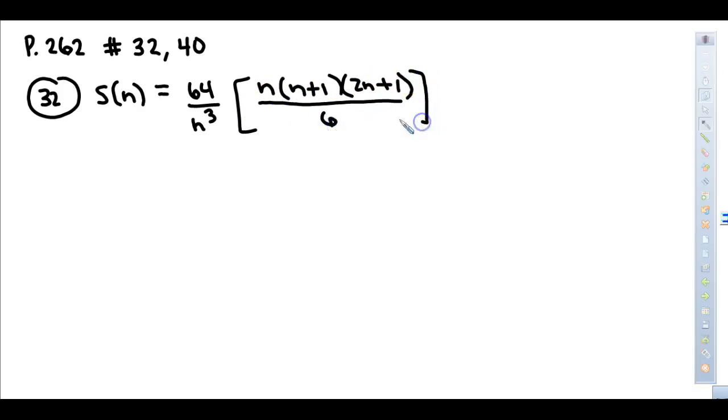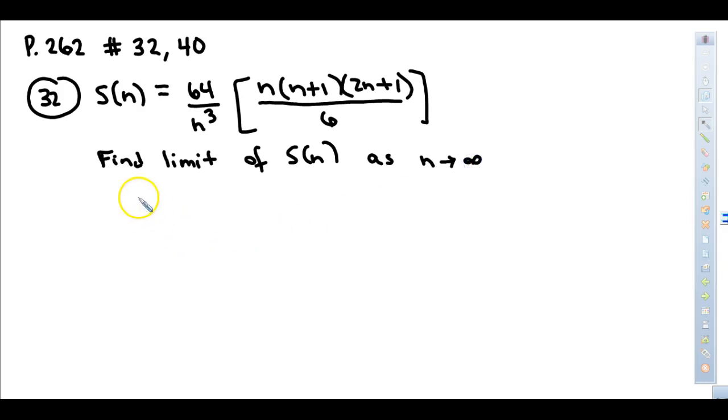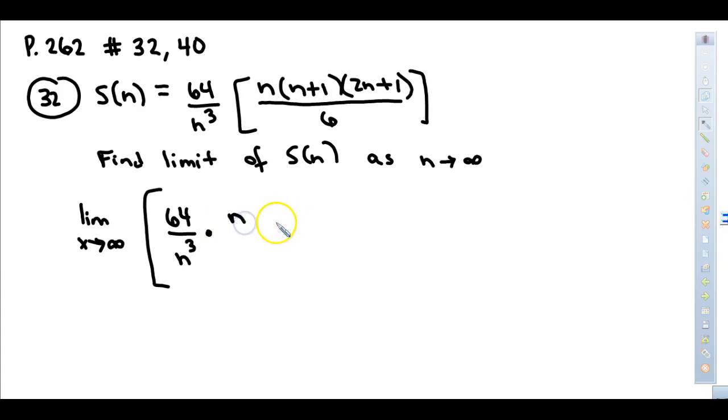Some of your cubes. And it says to find the limit of S of n as n approaches infinity. Okay? So I'm doing the limit as n approaches infinity of 64 over n cubed times all of that.